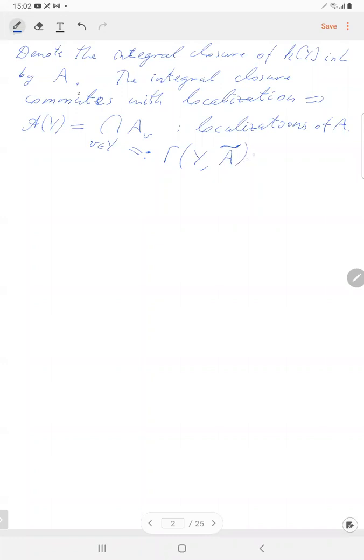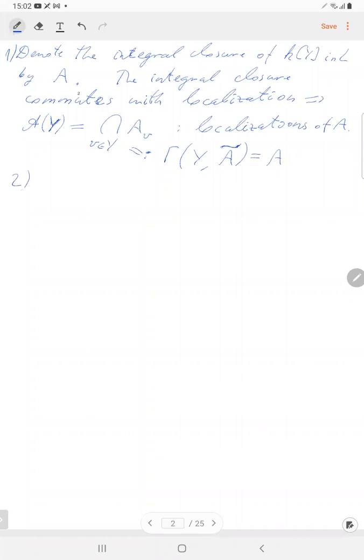But now this is nothing but A. Okay, and so we proved our claim that the global sections of our sheaf of rings is the integral closure in our field. So we proved 1.